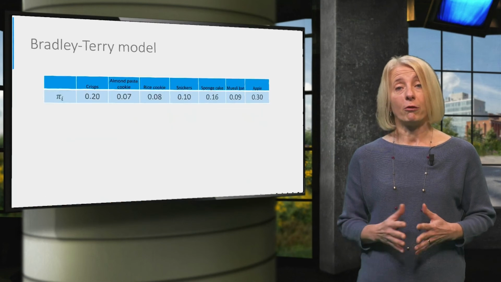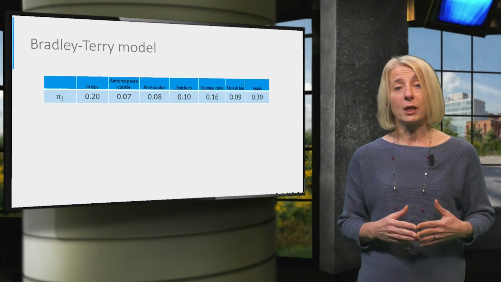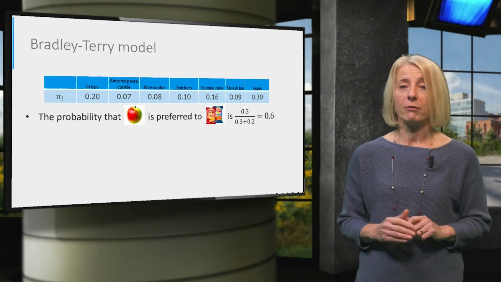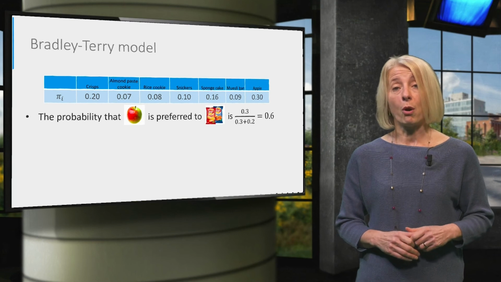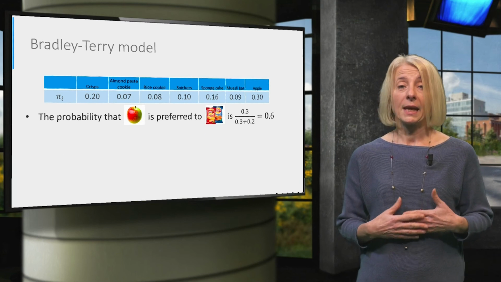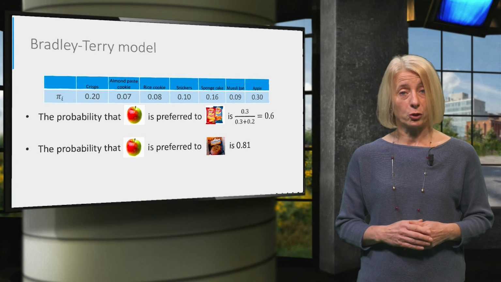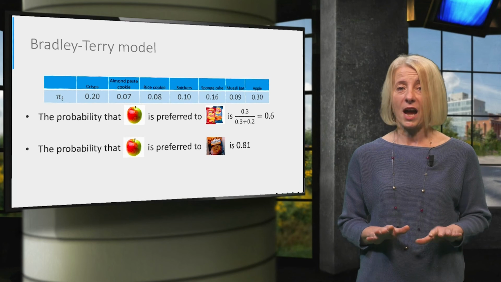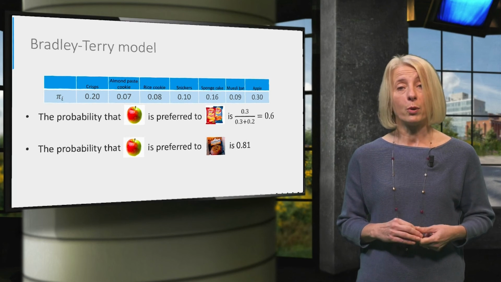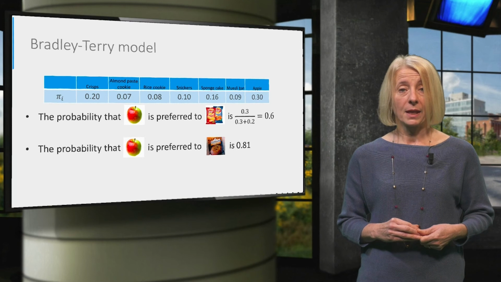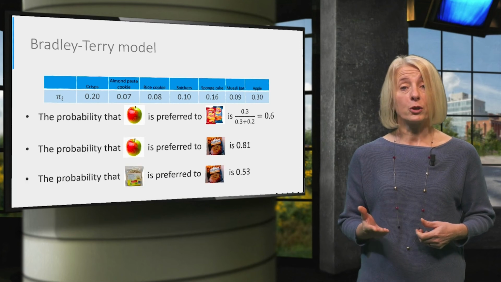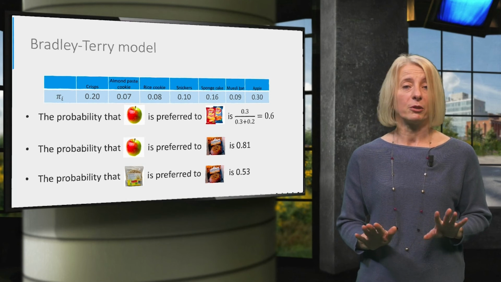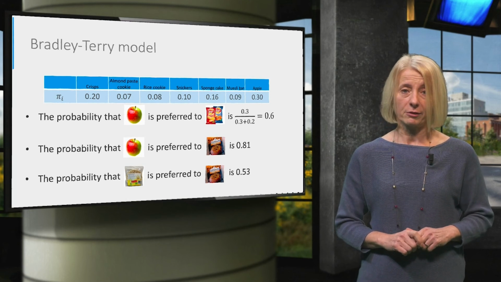Using estimates of preference potentials, we can compute the probability that an apple is preferred to a bag of crisps, which is equal to 0.6. The probability that an apple is chosen when compared with an almond paste cookie is much higher, equal to 0.81. However, the choice between a rice cookie and an almond paste cookie is pretty much a 50-50 chance.